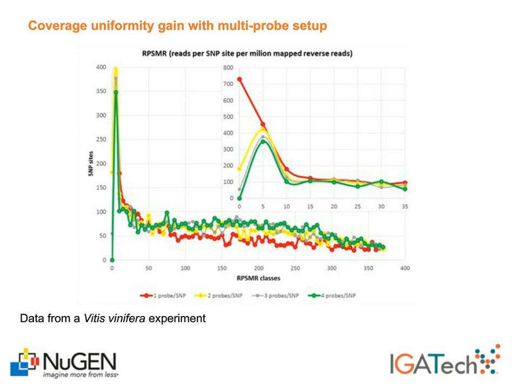And also, if you look at the red plot and the green plot, you can see how the distribution curve approaches a normal distribution. So we can see that statistically there is a benefit in using more than 1 probe per SNP site.